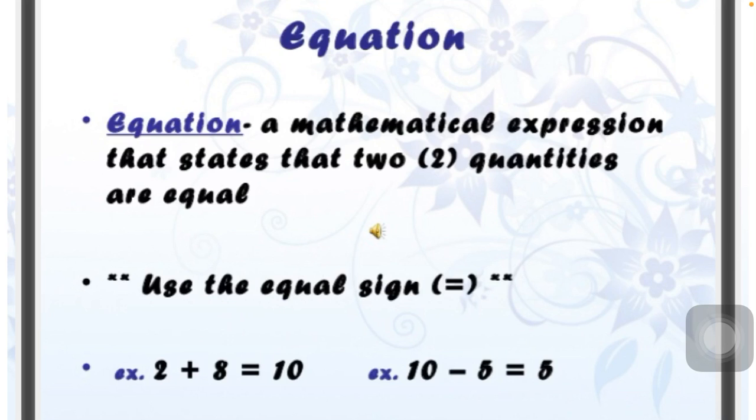The equal sign states that both sides are equal, whether you write 2 plus 8 or you write 10. Both sides are equal. Same as 10 minus 5 equals 5. So here as well the equal sign states that both sides are equal. So an equation always has an equal sign, which states that two quantities are equal.